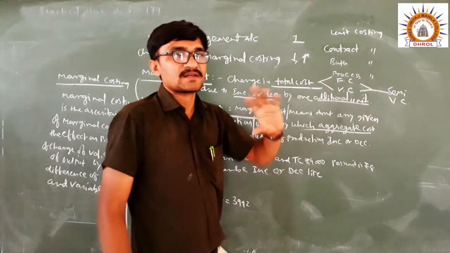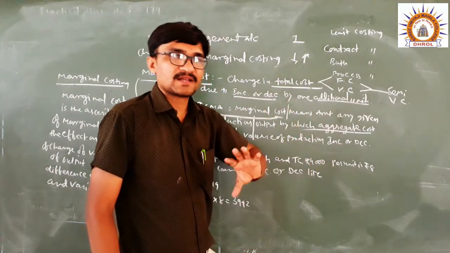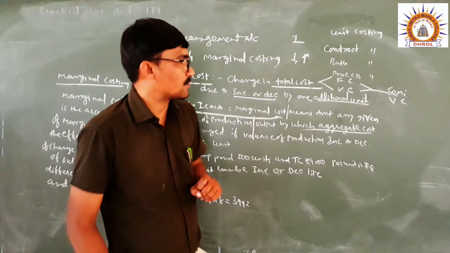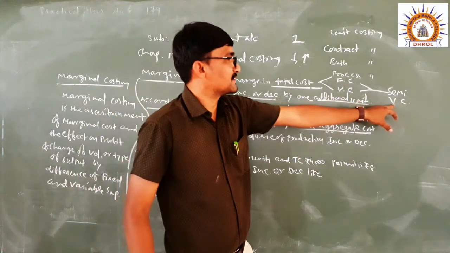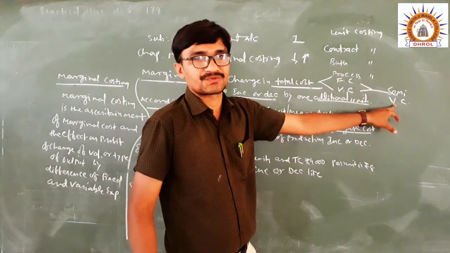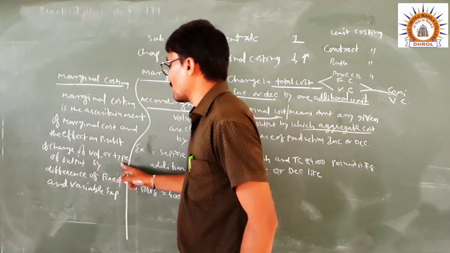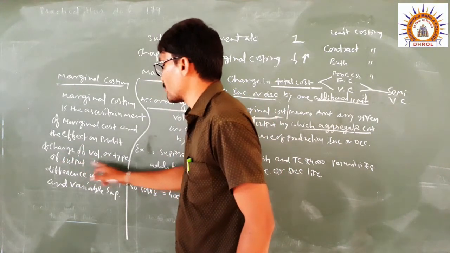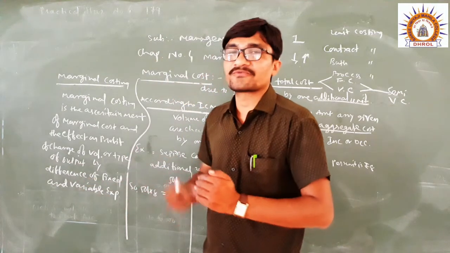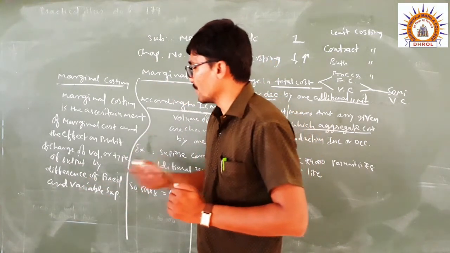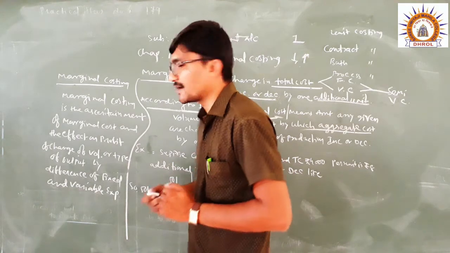Some part is fixed cost and some part is variable cost. So here, the change of volume or type of output by difference of fixed and variable expenses.